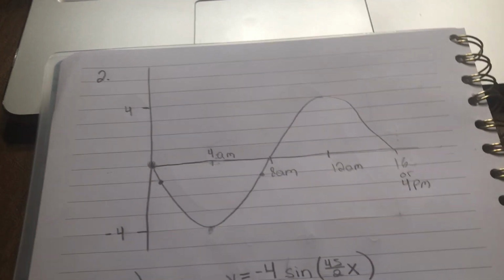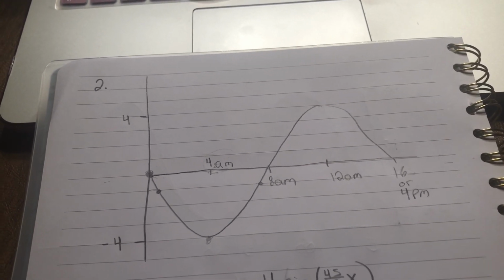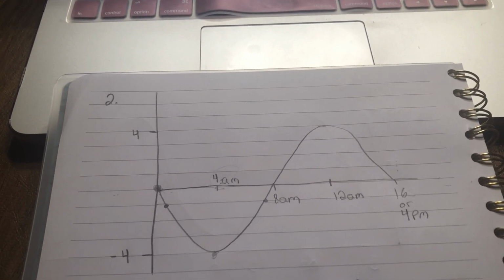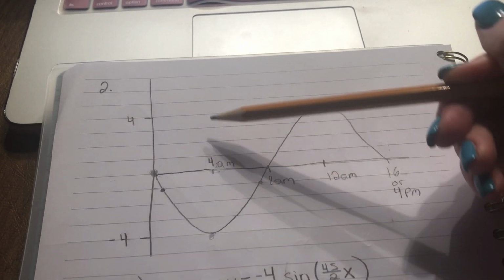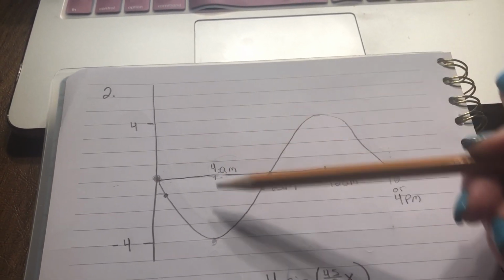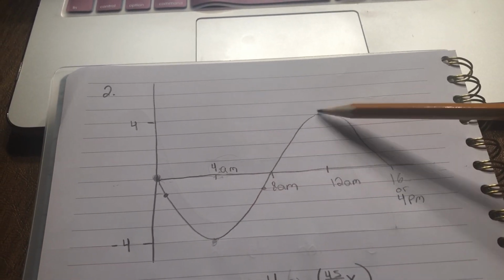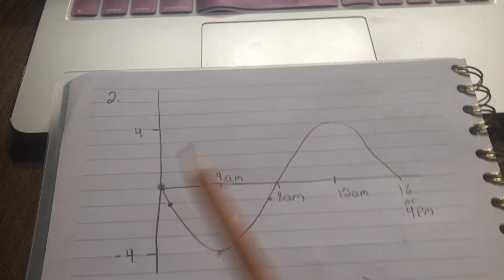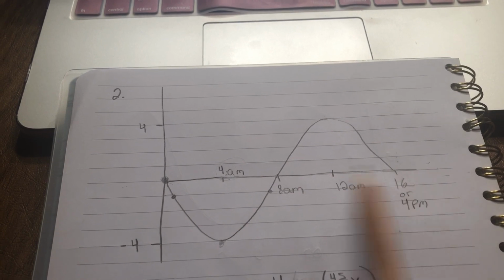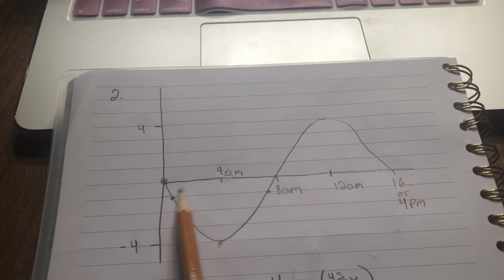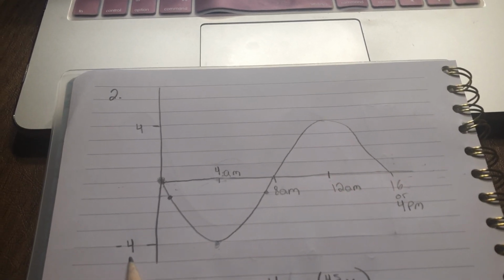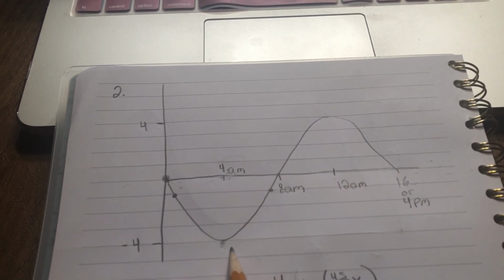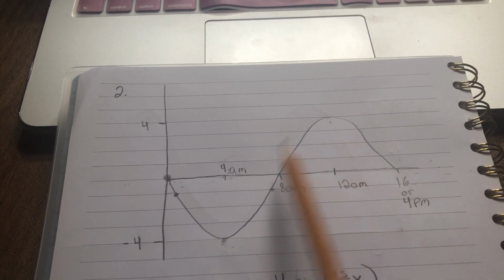And since it says that it has a range of 8 meters, it's only going to be 8 meters from our highest point to our lowest point. So since this is our sine axis, the tide is going to drop 4 meters and rise 4 meters.